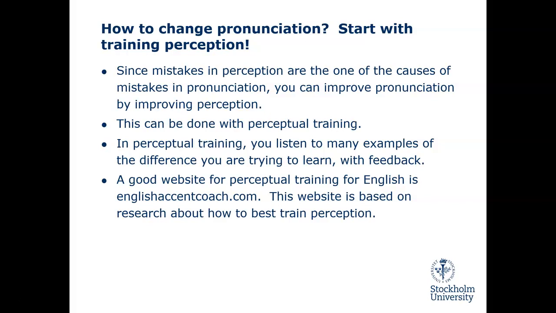In perceptual training, basically what you do is listen to many examples of the sounds that you are trying to distinguish between, and you get feedback. A good website for perceptual training for English is called EnglishAccentCoach.com. This website is designed by a researcher, and it is based on research about how to best train perception.